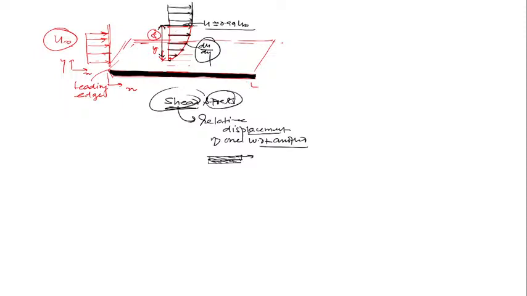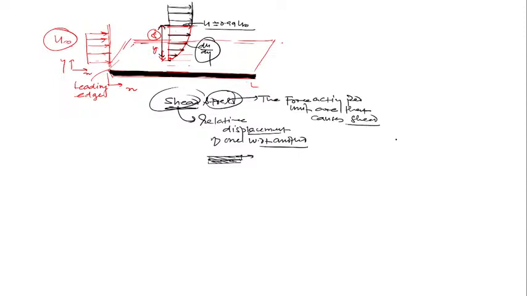What do you call stress? Stress is nothing but force upon area. But what is shear stress? The force acting per unit area that causes shear, or a relative displacement, is called shear stress.